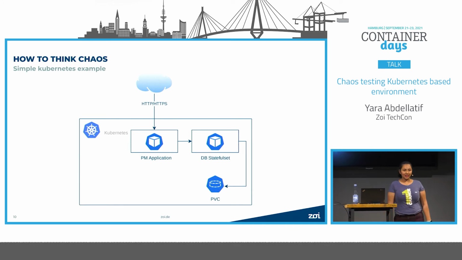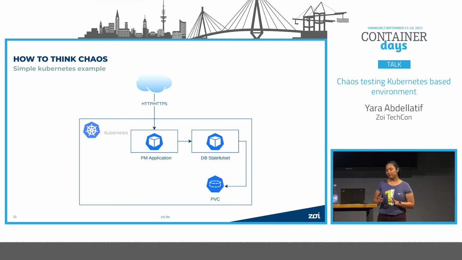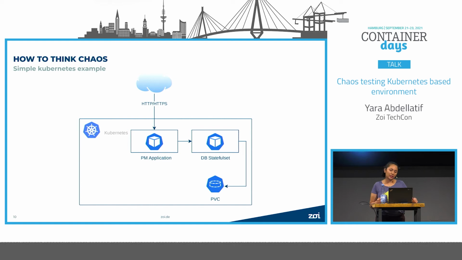Okay, so this is a very simple example. It's not real world. Of course, I wouldn't even run a database inside Kubernetes. So this is just an example, so we can actually apply those 4 steps. The application is a project management application.